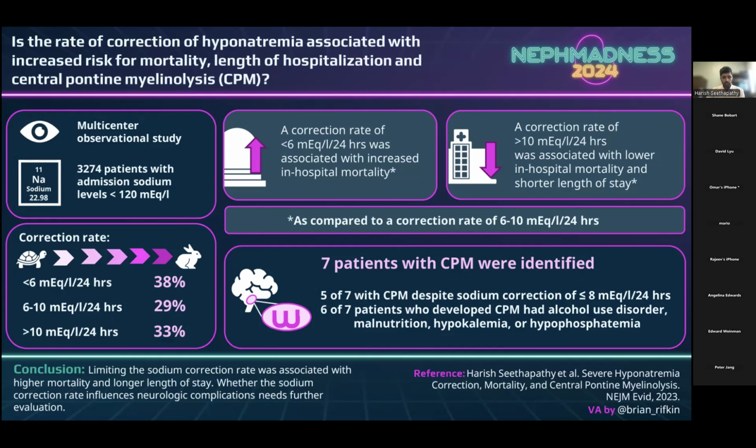Our intent was to actually study the effect of correction rates on 2 things. One was mortality, and we definitely found an association between slower correction and increased mortality. We adjusted the data for severity of disease, and that stayed the same even in subgroups or propensity score analysis. And importantly, a low correction rate is associated with a longer length of stay by around 2 to 2.5 days, which I think is crucial.